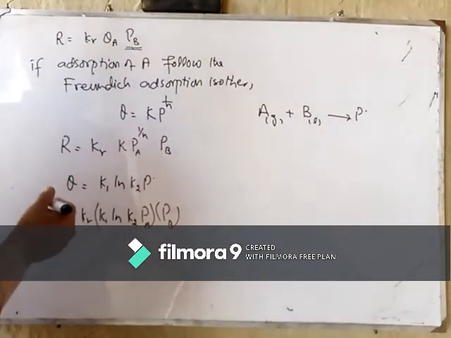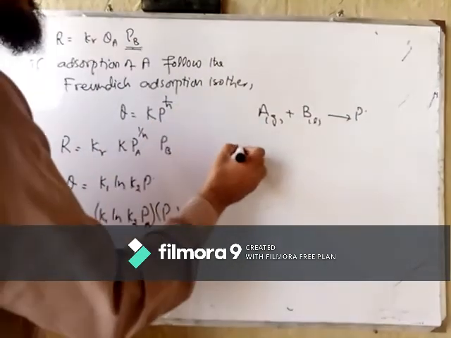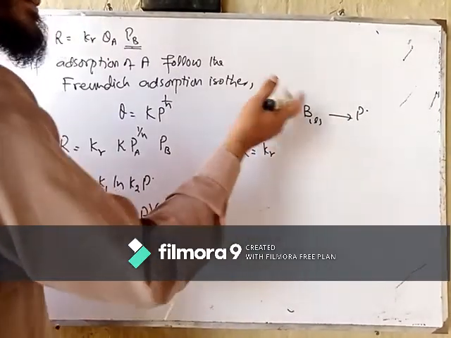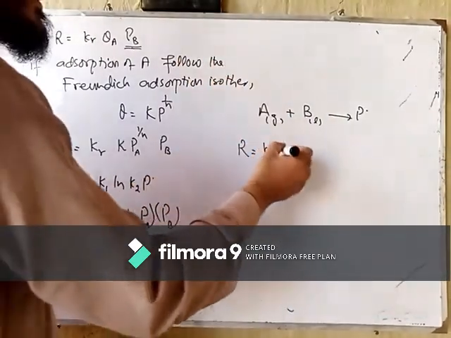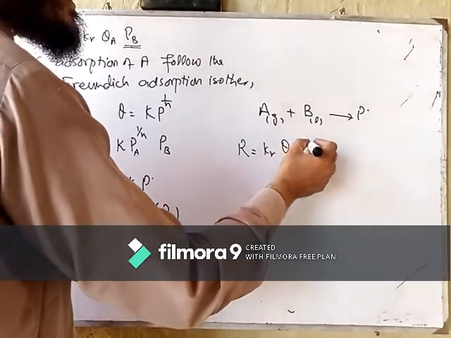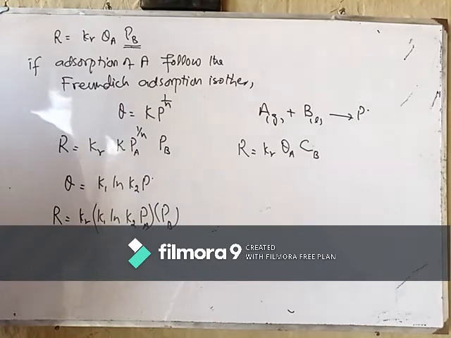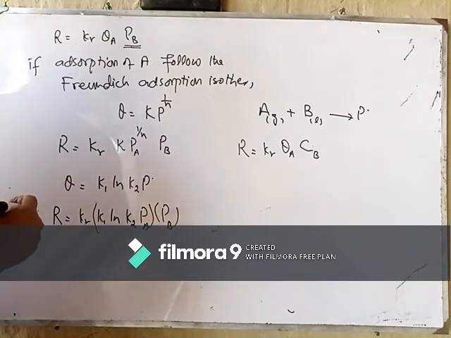Then the rate expression will be rate is equal to Kr, और इसमें से let's suppose A adsorb हो रहा है, तो theta A and concentration of B. For liquid phase reactions, rate depends on concentration.